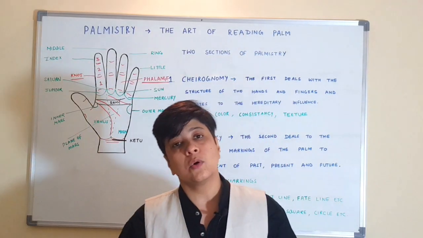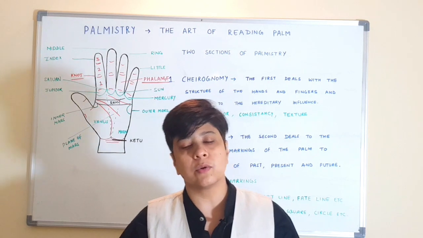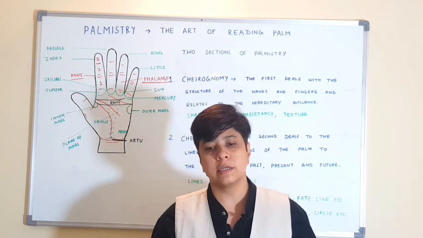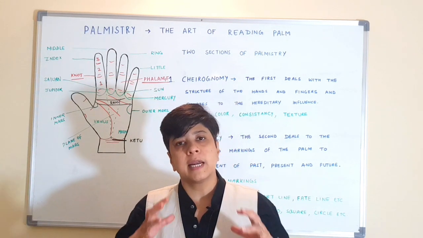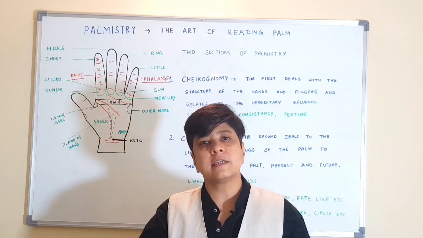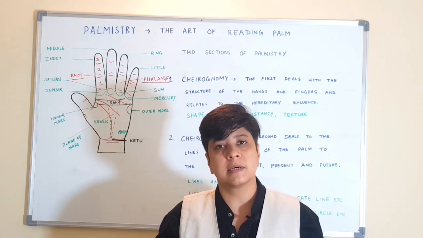If the knots are very visible, it means the person is very curious about attaining knowledge. He is a deep thinker. And if the knots are not much visible, it means the person is very sensitive, very soft by nature, and very creative.